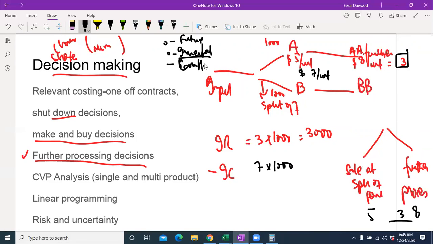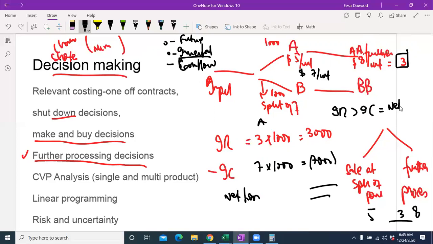And then it will be a cash flow. So the incremental cost is 7 per unit. For 1,000 units, I'm doing it for A right now. So definitely I cannot pursue this, because there is a net loss: incremental cost is more than incremental revenue. For a net benefit, incremental revenue has to be greater than the incremental cost.